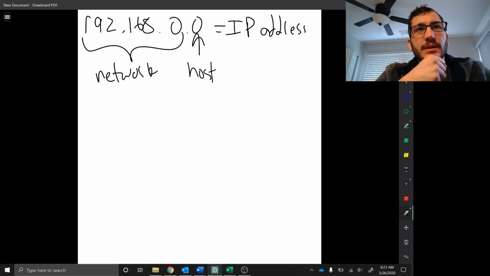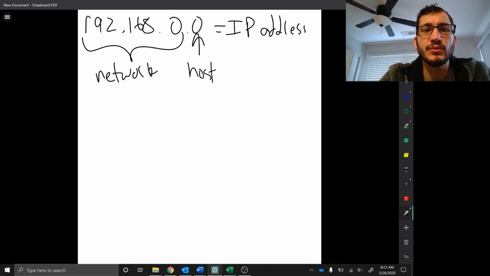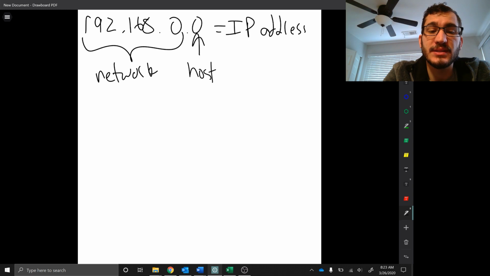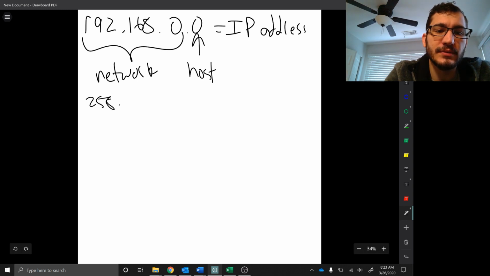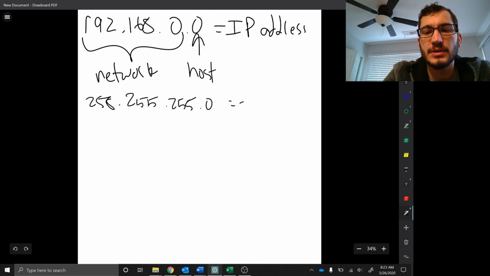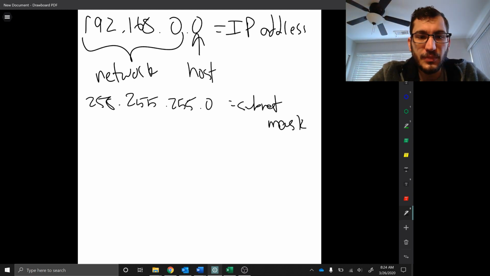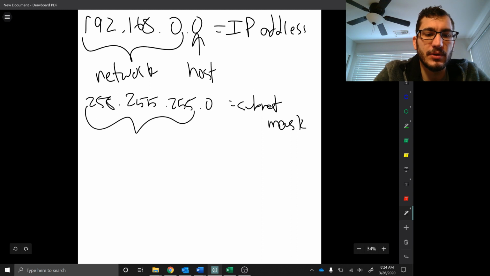Now, typically at home, you guys will have something like this, either 192.168.0.0 or 10.0.0.0, and a subnet mask of 255.255.255.0. So this is your subnet mask. That's typically what you guys have. So this means that this is the network portion, and this is the host.